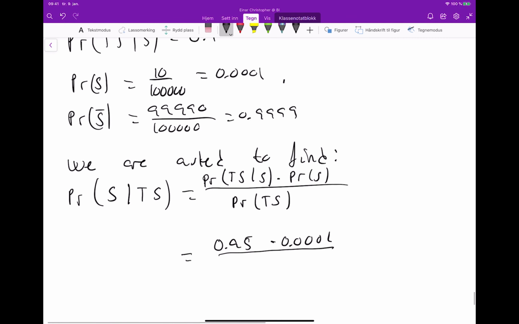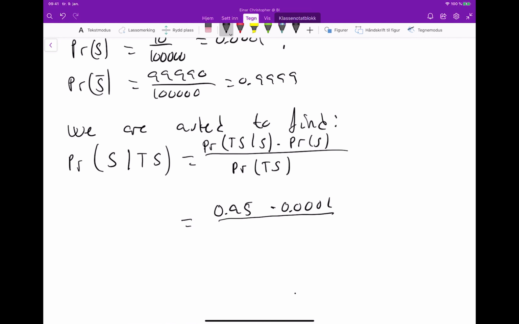And the last one, probability that the test says sick, then we have to use the law of total probability, which says that either you are sick, 0.0001 times the test says you are sick, if you are sick, or you are not sick times the probability of the test says sick, which is 0.1.